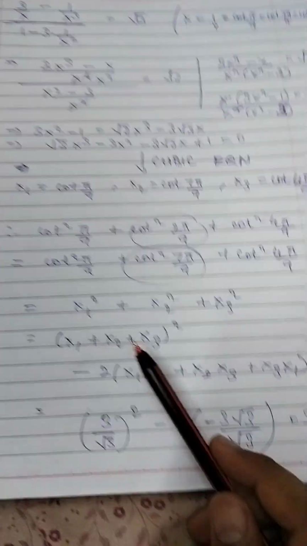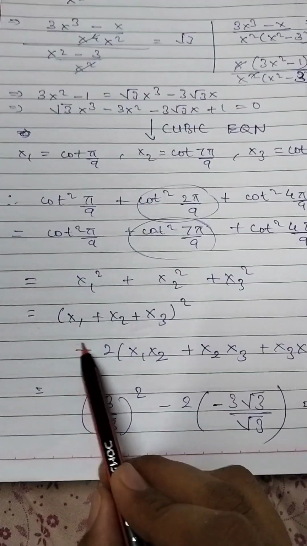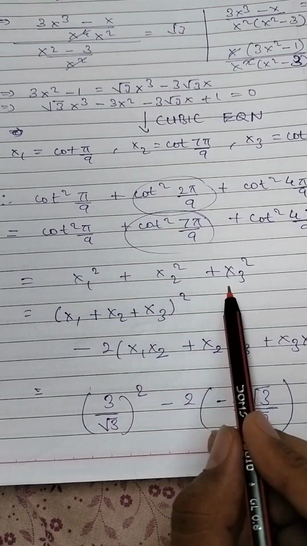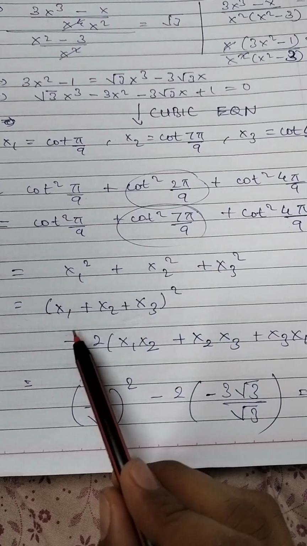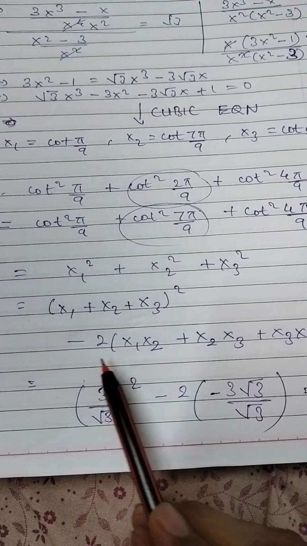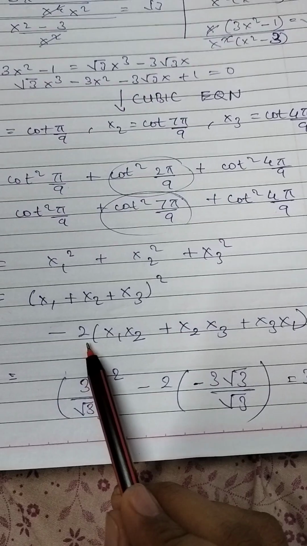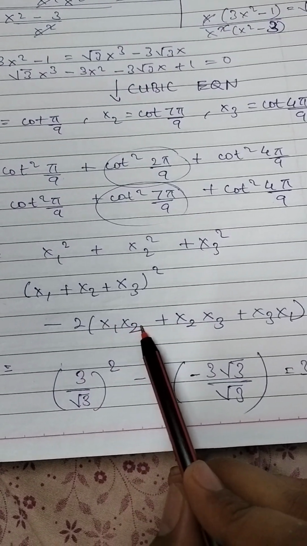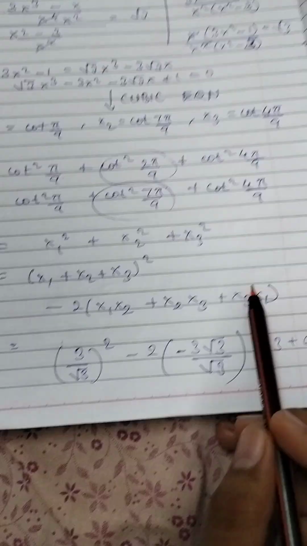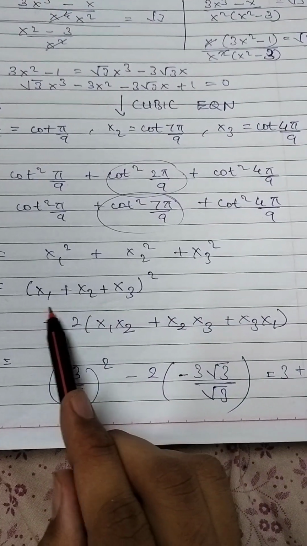Now you can look this up online. There is an expansion for this: x1 square plus x2 square plus x3 square becomes x1 plus x2 plus x3 whole square minus 2 into x1 x2 plus x2 x3 plus x3 x1. Now you will be wondering, how do I solve this?